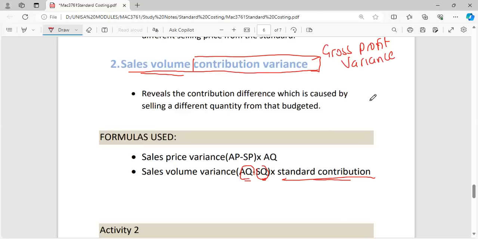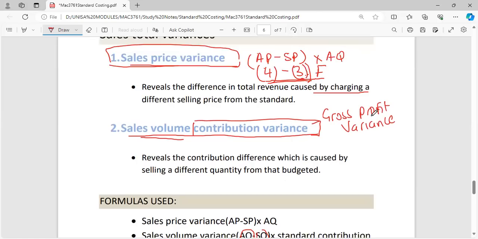The gross profit variance you use if the question is dealing with absorption costing, and the contribution variance you use when dealing with direct costing.